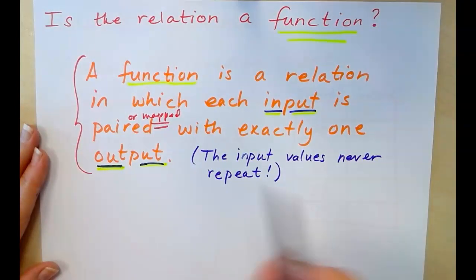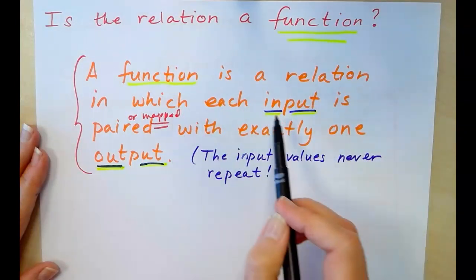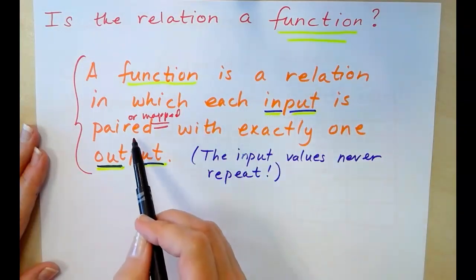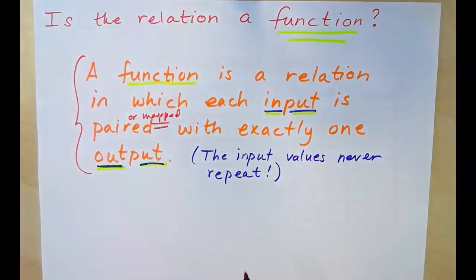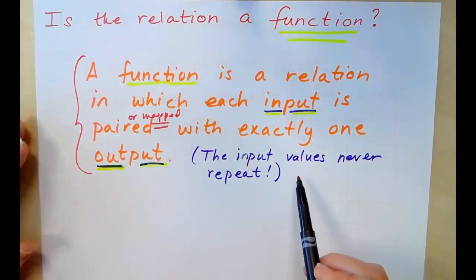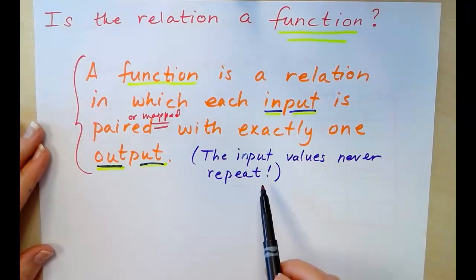Let me read it again. A function is a relation in which each input is paired with exactly one output. So, summing it all up, in order for a relation to be a function, the input values never repeat.